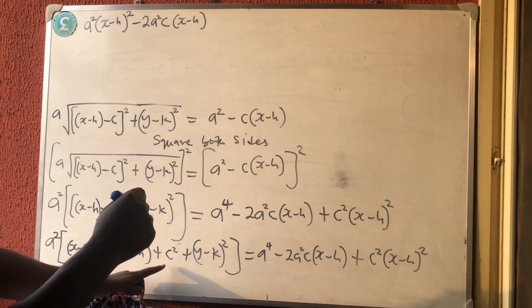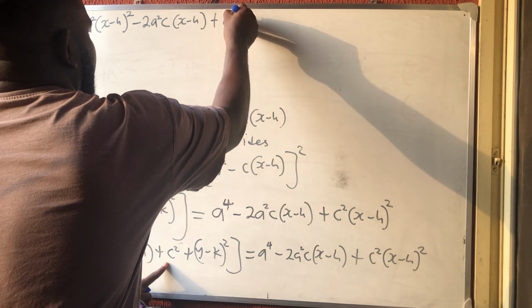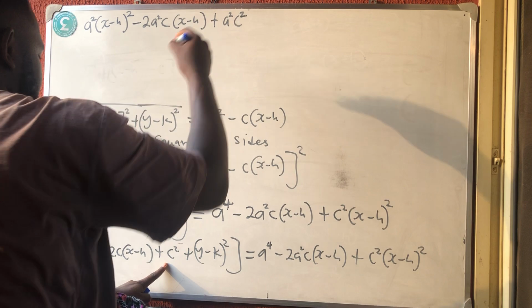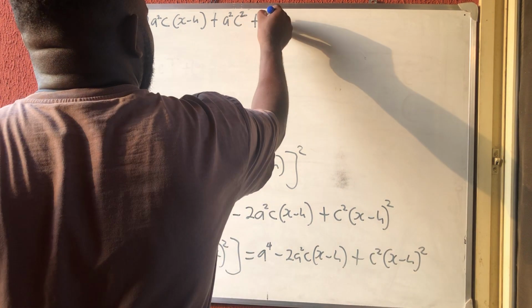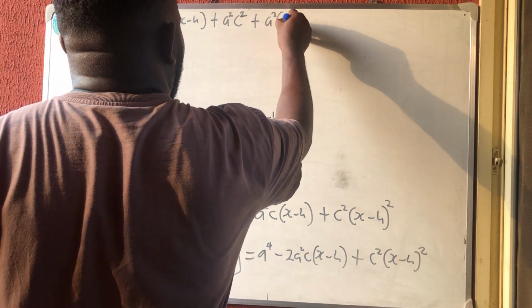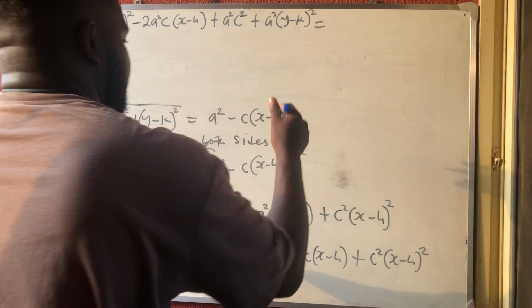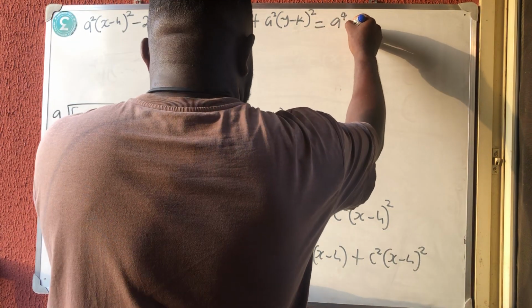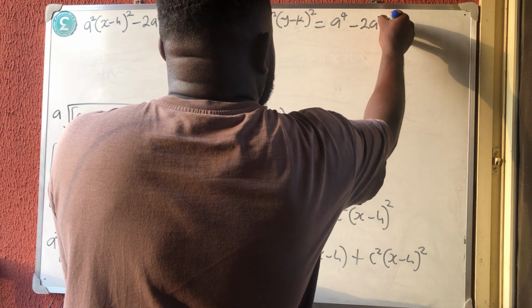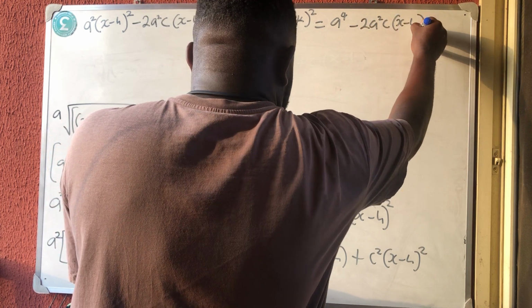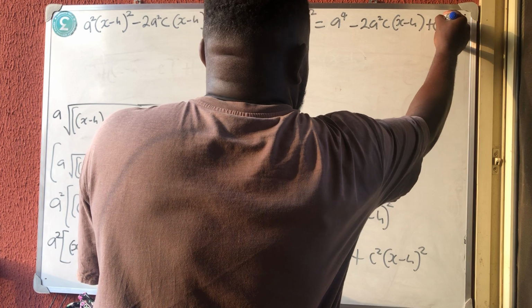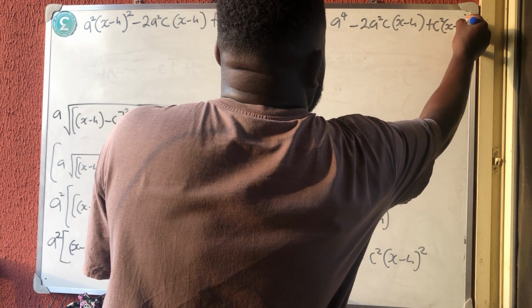A squared as the next person, I'm having a squared c squared. A squared as the last person, I'm having a squared bracket (y minus k) all squared, is equal to, I'm left here with a raised to power 4 minus 2a squared c bracket (x minus h), then plus c squared bracket (x minus h) all squared.